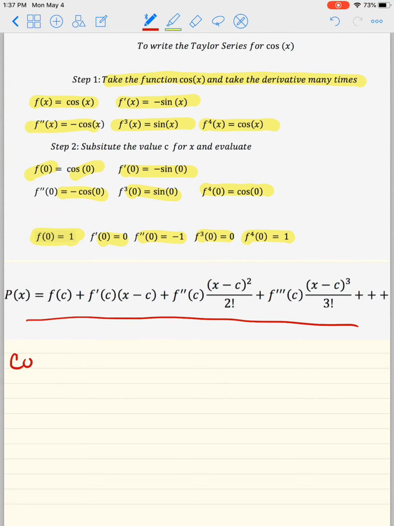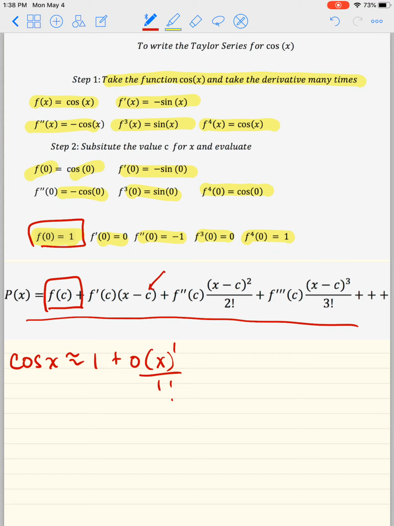So cosine x is going to be approximately, ready? 1 plus 0 times x to the first over 1 factorial. Remember that c is 0, okay? And remember f prime of 0 is this guy right here.